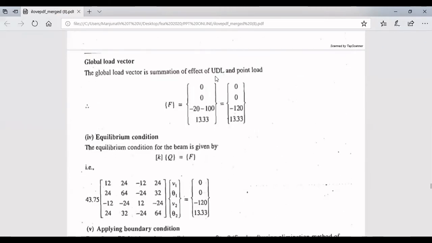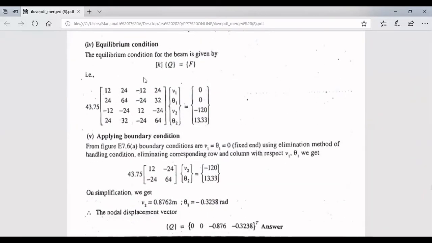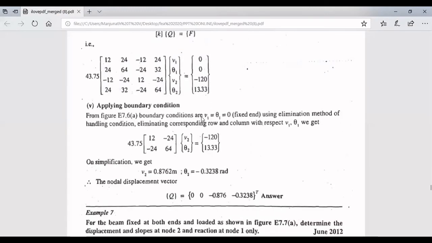Then after getting the overall force vectors, write the equilibrium equation along with the stiffness matrix values, nodal displacement vectors, and also the force vectors. Apply the boundary conditions. By using the elimination method, V1 theta 1 is 0 because node number 1 is fixed, so the corresponding rows and columns are going to be eliminated.